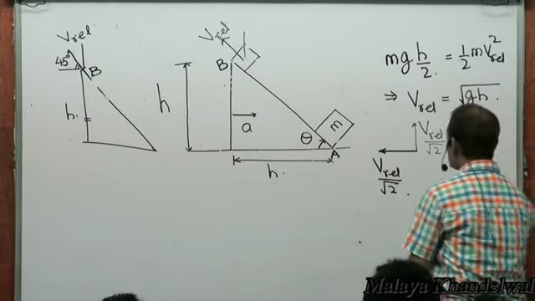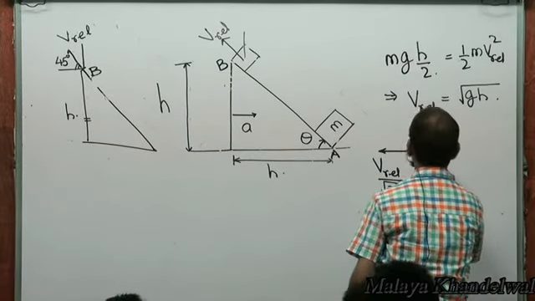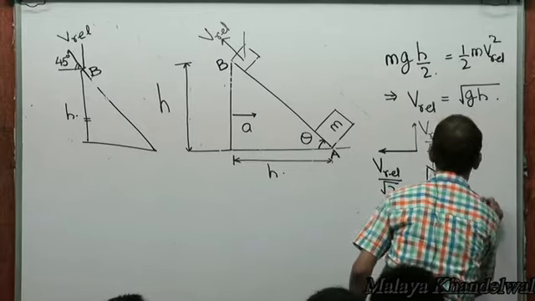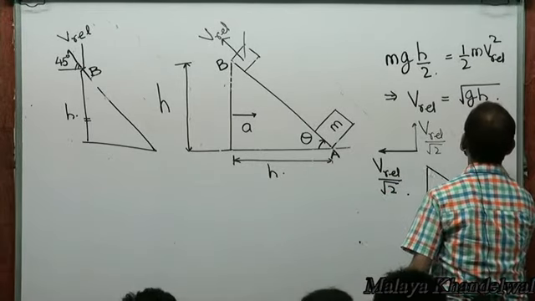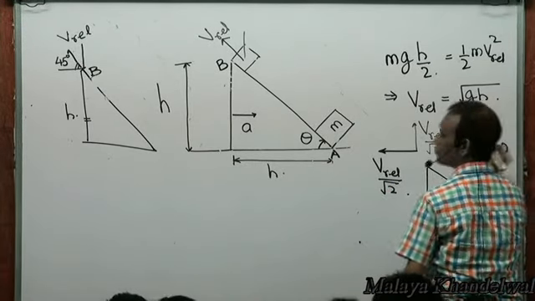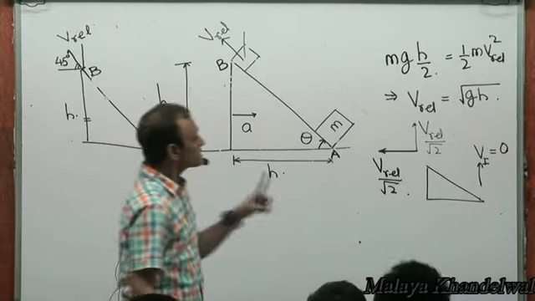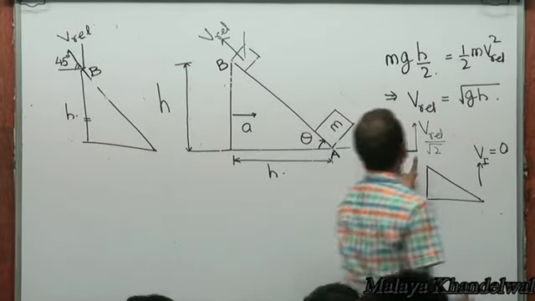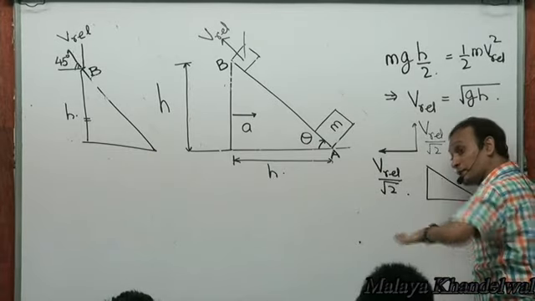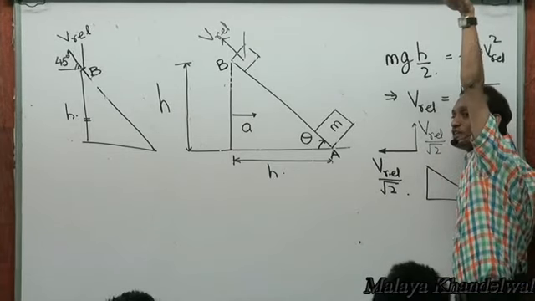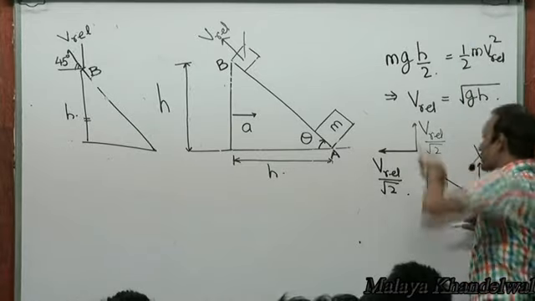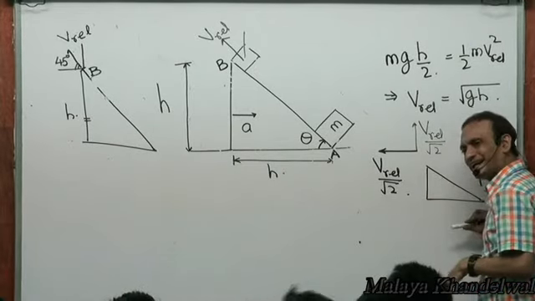Now, what's the velocity of the inclined plane in the vertical direction? Velocity of the inclined plane in the vertical direction is 0. Yes or no? Which means the relative velocity that you see of the particle in the vertical direction is not just the relative velocity, but is also the absolute velocity in the vertical direction, because the inclined plane has no motion in the vertical direction.